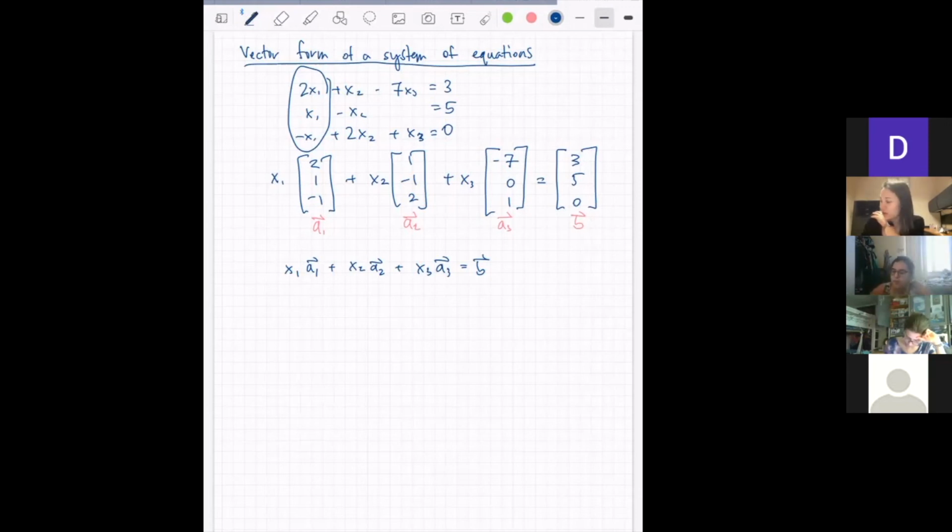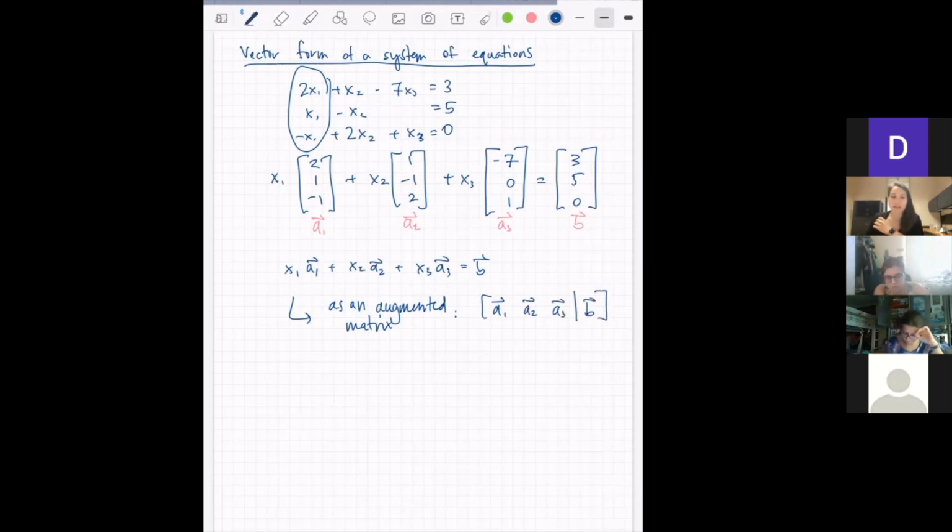And we can also use this notation. So say we wrote it as a linear combination in this way. We could also then write this as an augmented matrix. Sometimes this notation is convenient. So what we mean when we write A1, A2, A3, B like this is really just the matrix formed by taking those vectors and sticking them in as columns into a matrix, right?